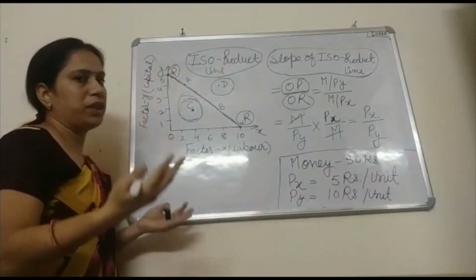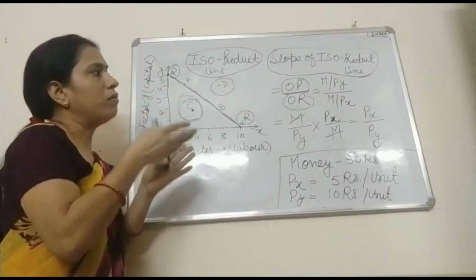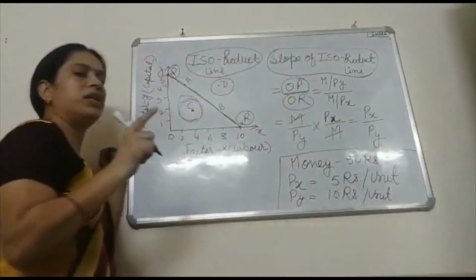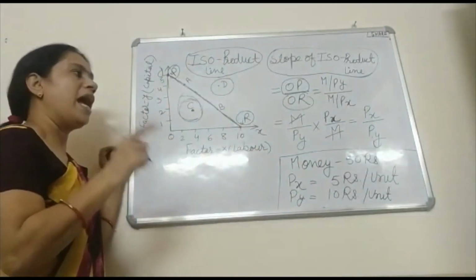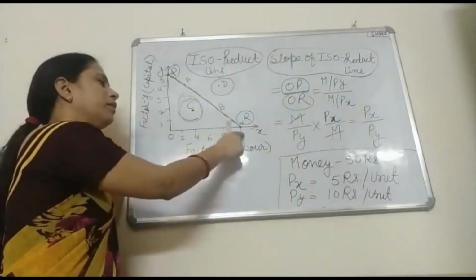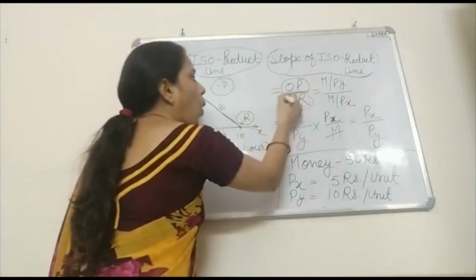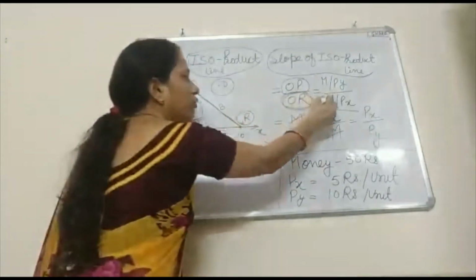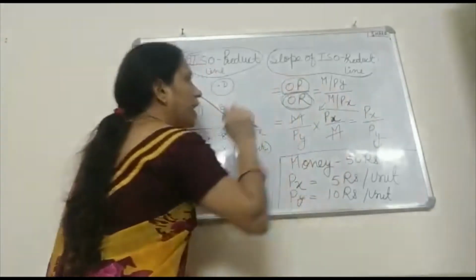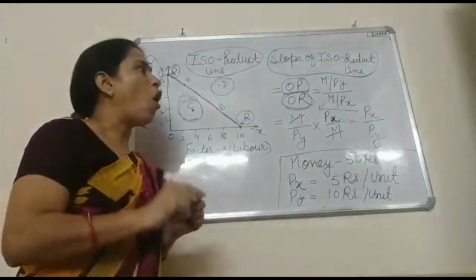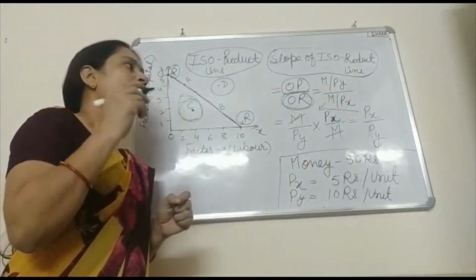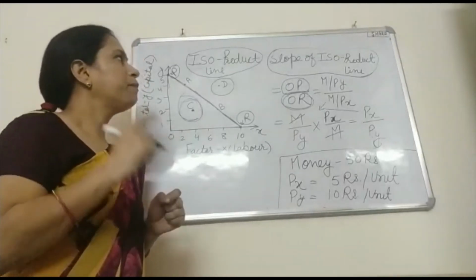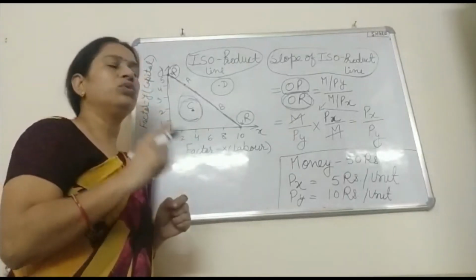That is, if the producer spends all his money, M, on Y, PY, then he will get 5 units of factor Y. And if he spends all his money on X factor, that is OR, he will get M upon PX, meaning 10 units of factor X. When we solve this equation, we get PX upon PY. This is the slope of the isoproduct line, meaning the ratio of prices of both factors is equal to the slope of the isoproduct line.